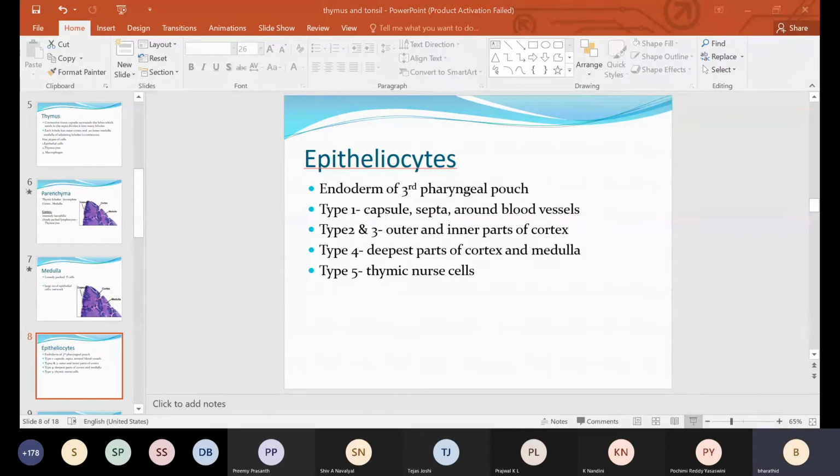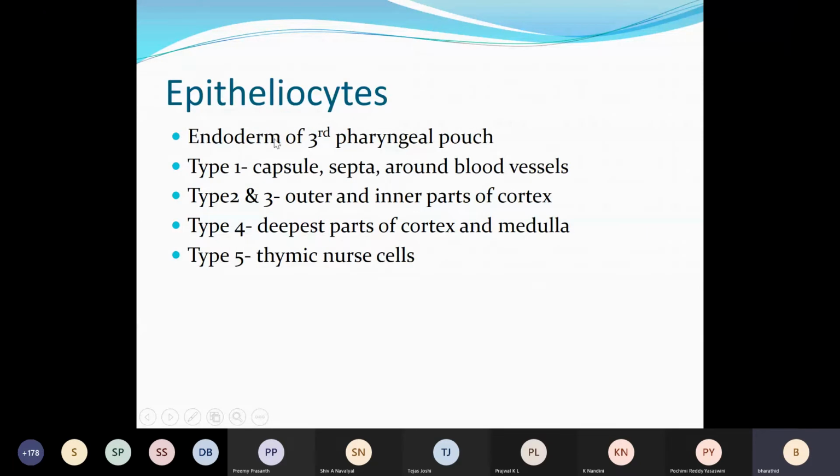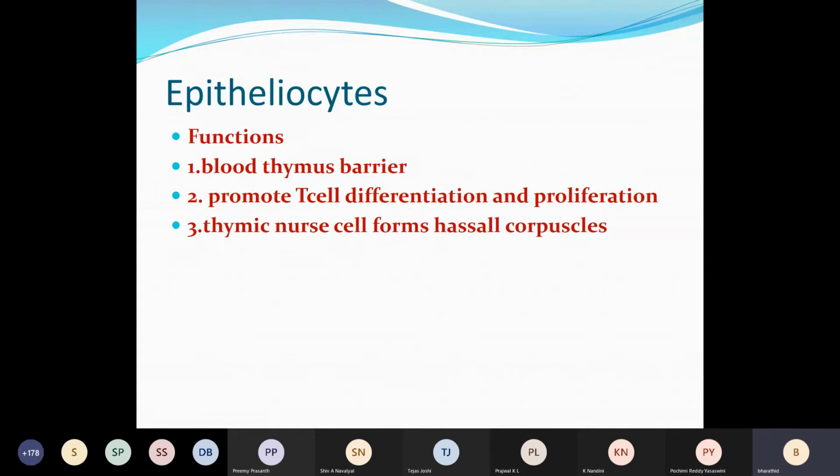The epitheliocytes are derived from endoderm of third pharyngeal pouch. So what do epitheliocytes do? Write down the functions of epitheliocytes.